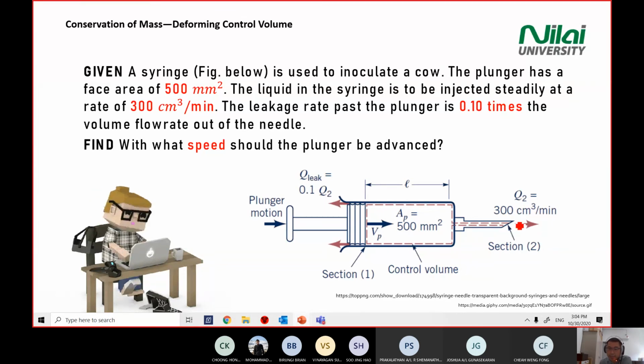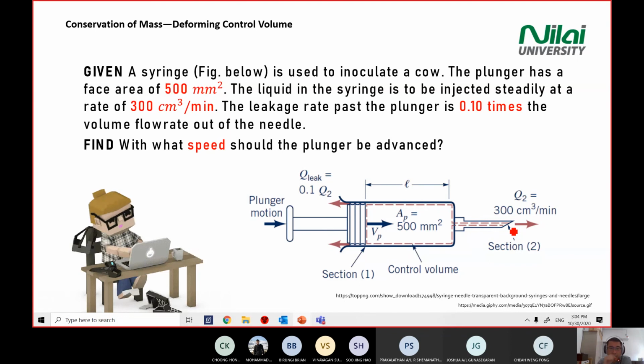Again, the area here is a little bit angled, it's not a right angle, it's at a certain angle here. So you measure from the area here. The water coming out from here is 300 cm³ per minute. So this is Q.